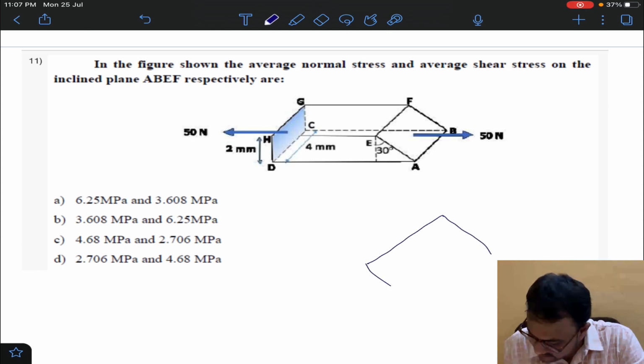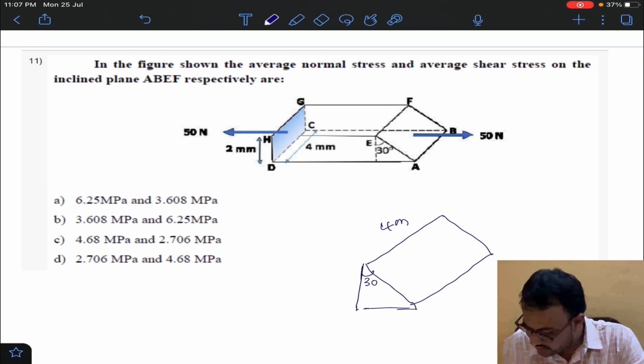I'm just drawing this. So he has given this. So this is 30 degrees and this width he has given 4 meters. So we want to get this, this is E, he has given it is A and I'm taking it is some X. So if I will take cos 30, right?